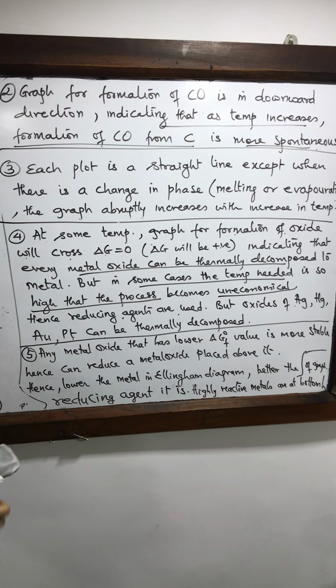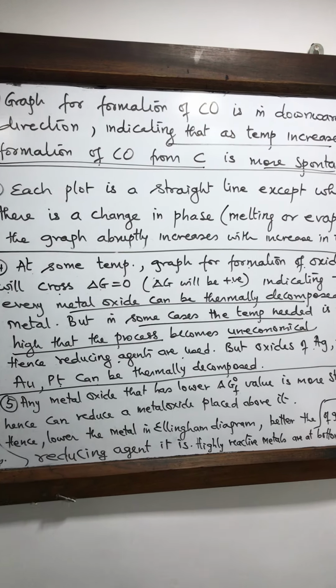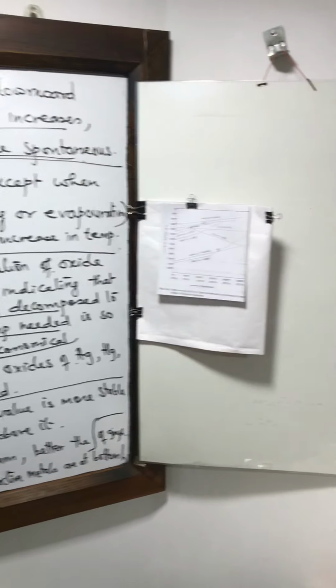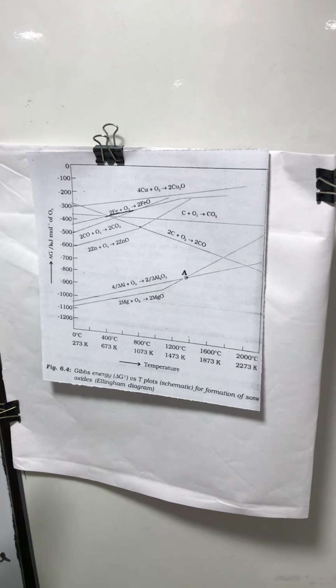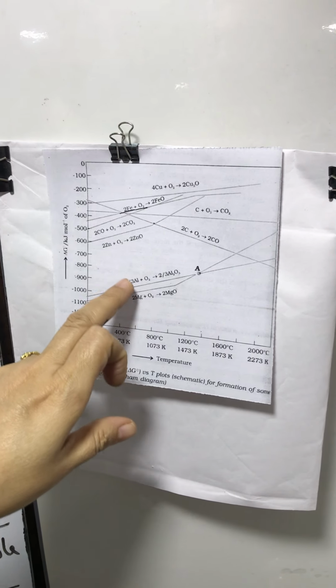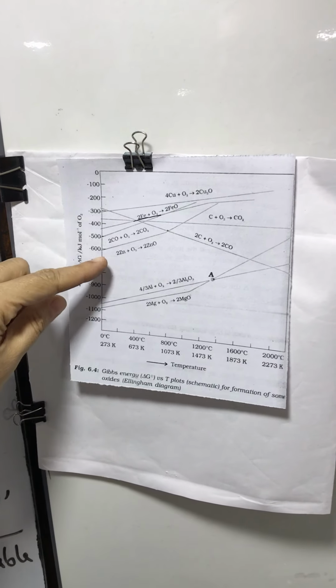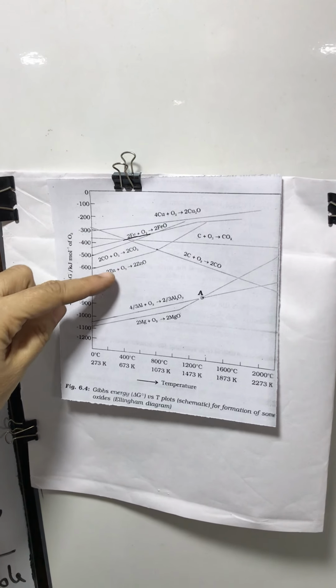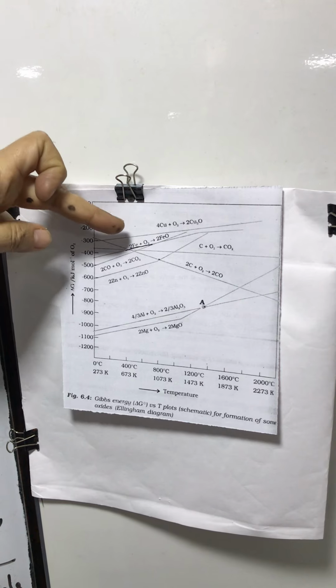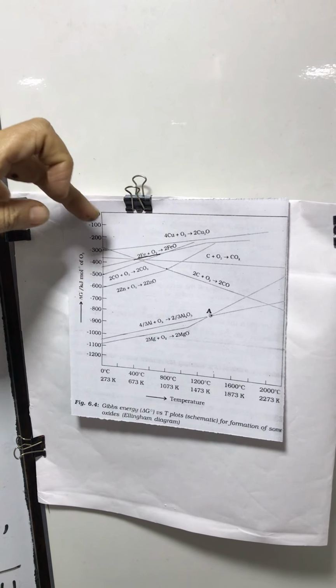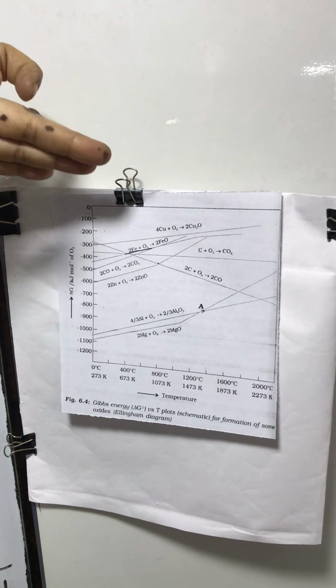Let us have a look at this graph again. If you look at the Ellingham diagram, then you will see that the metals that are placed at the bottom of the graph are highly reactive metals like magnesium, aluminium. Then we have the moderately reactive elements, that is zinc, iron. And above that we have the less reactive metals like copper, and silver, gold will be still higher.